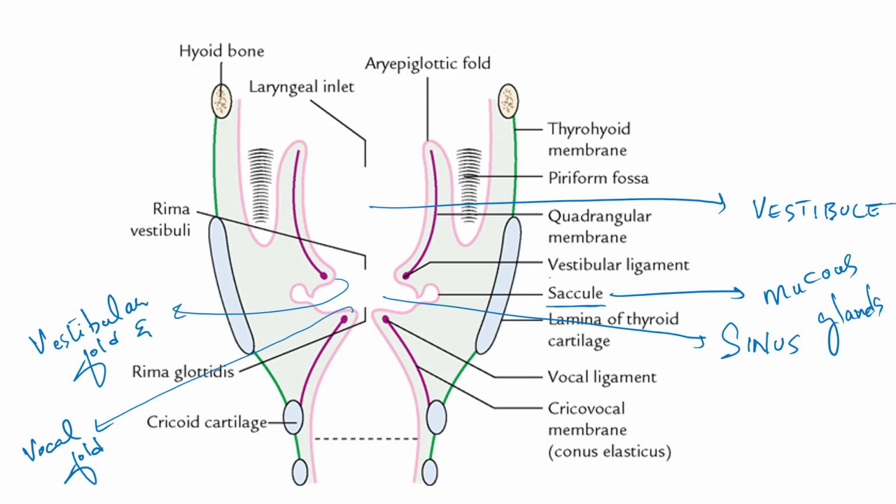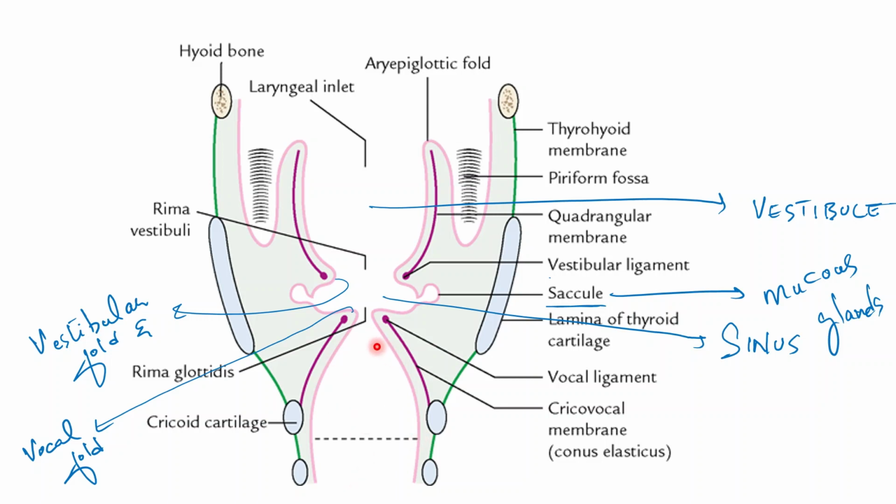Moving on to the lower portion of the cavity of the larynx, which is called the infraglottic part. It is the area of the laryngeal cavity which extends down from the vocal fold till it reaches the lower border of the cricoid cartilage, where it continues with the trachea.